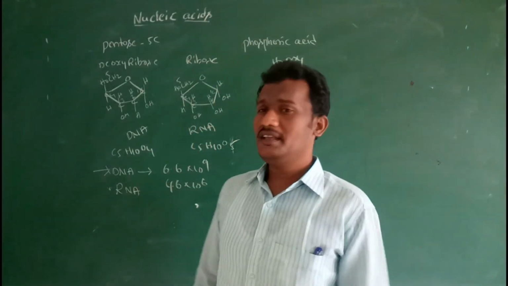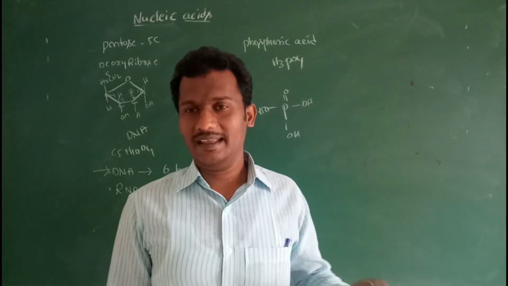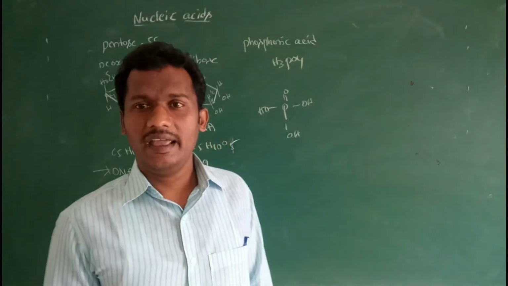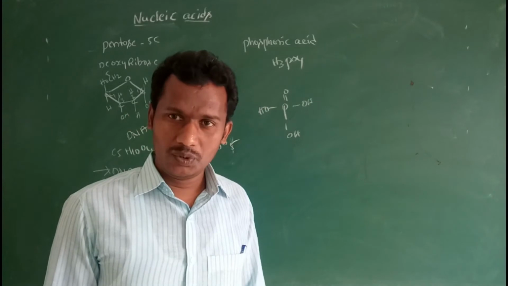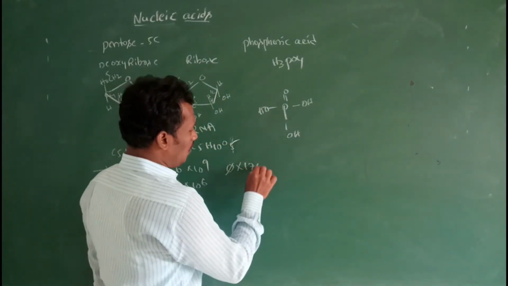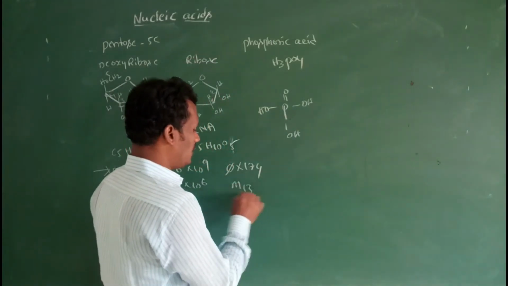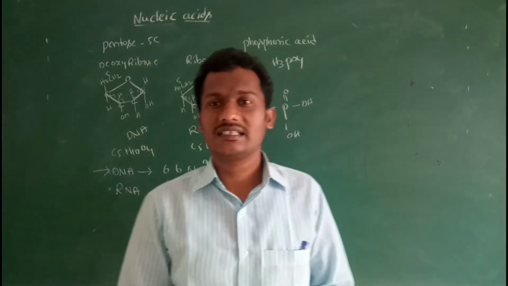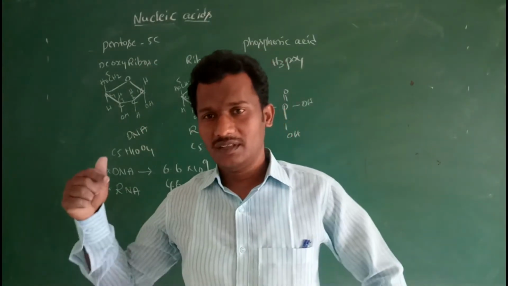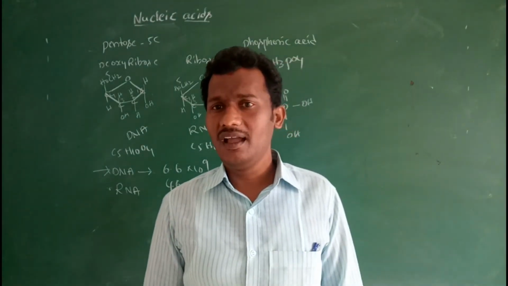DNA is mostly in the double-stranded condition, except some bacteriophages. Coliphage φX174 and bacteriophage M13 are single-stranded. In the rest of the majority of organisms, DNA is double-stranded.